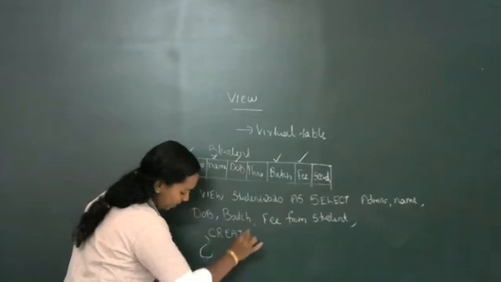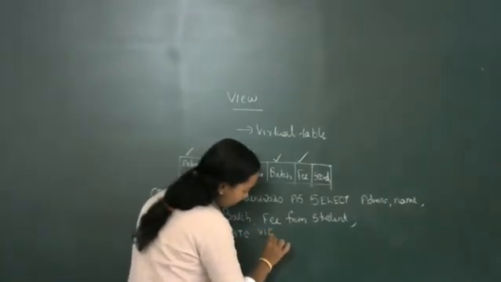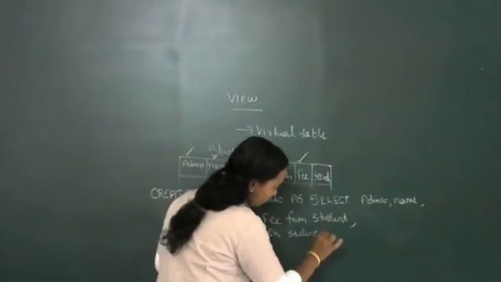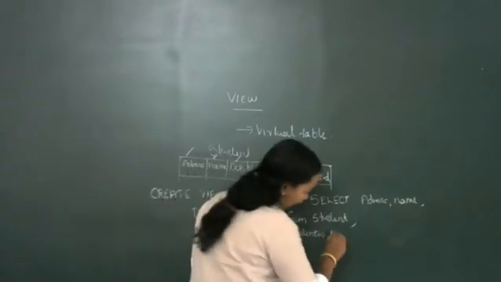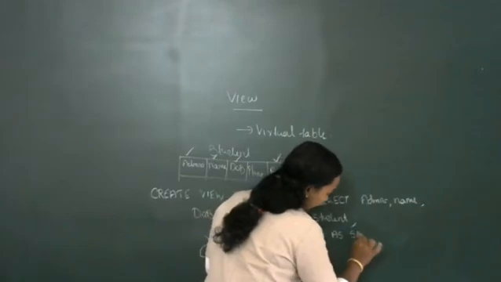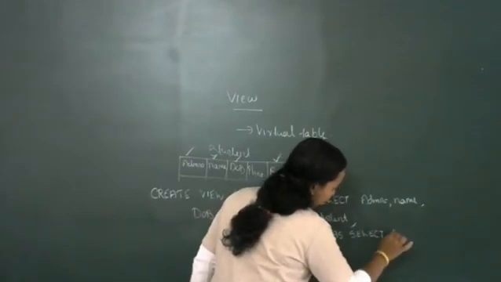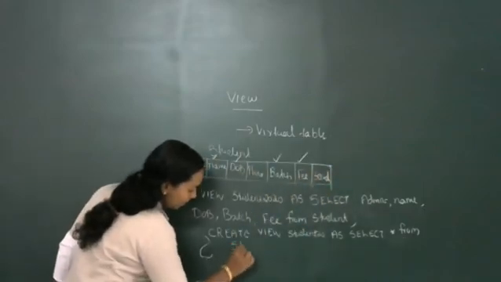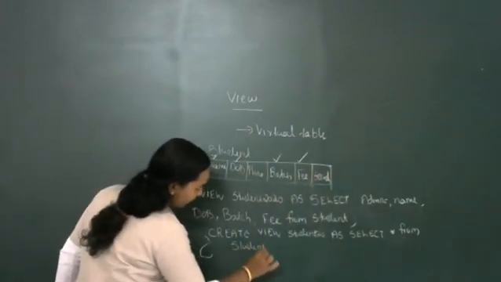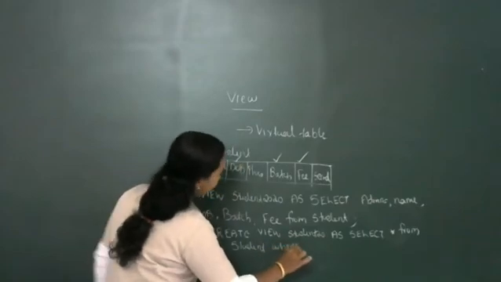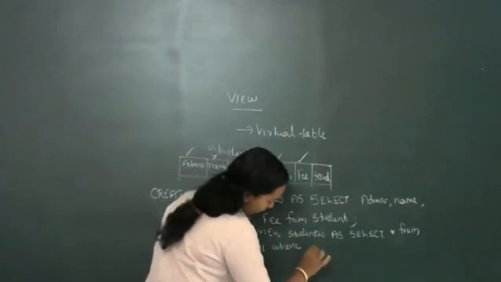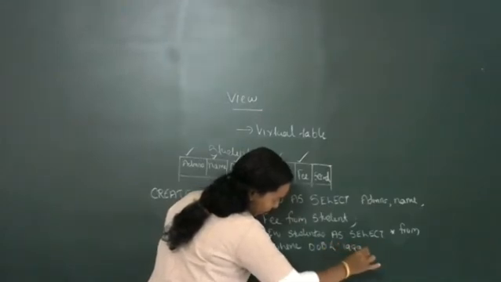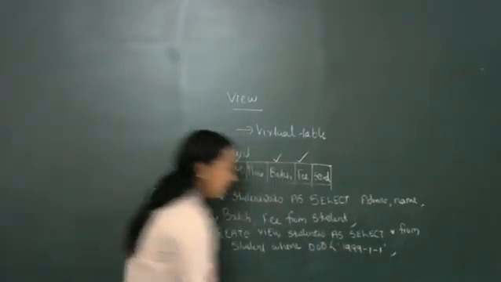Create view student 2020 as select star from student where date of birth less than 1999-11-1; semicolon.